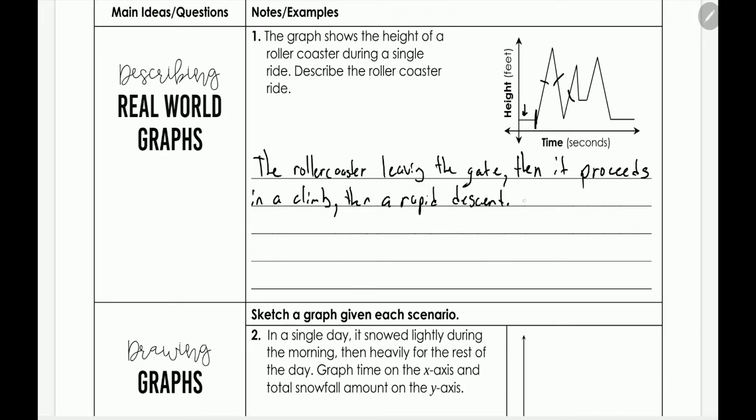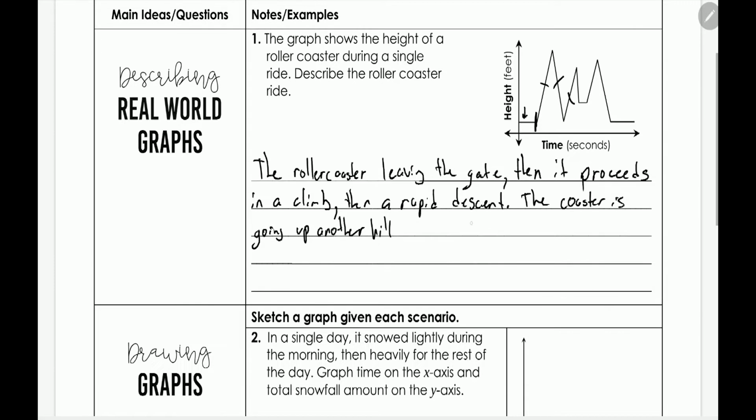So that looks like the roller coaster is again going up a hill. The coaster is going up another hill. And then has a small descent.